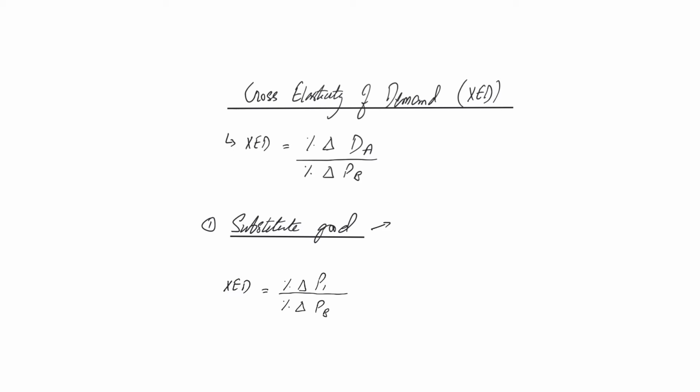Let's suppose the price of good B increases by 10%, and as a result the demand for good A went up. So that gives me a value of +2.